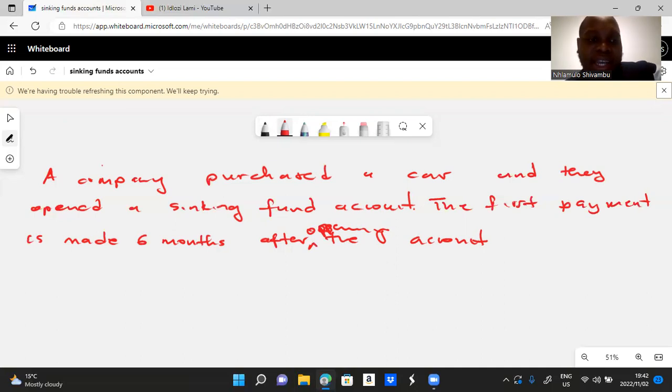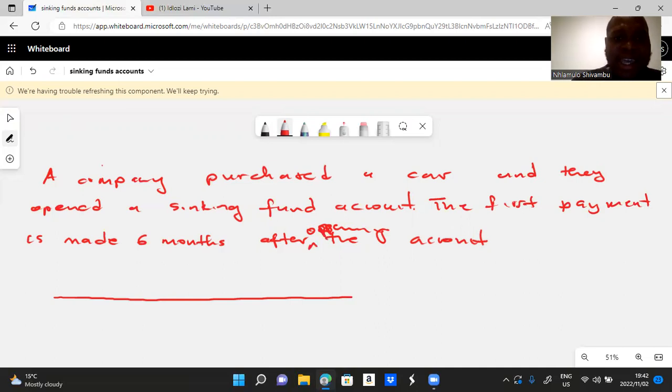So what happens is that you must understand that this person purchased the car today, and then they're going to make the first payment after 6 months. So if they make payments after 6 months, and this transaction will take place over a period of 5 years, right?